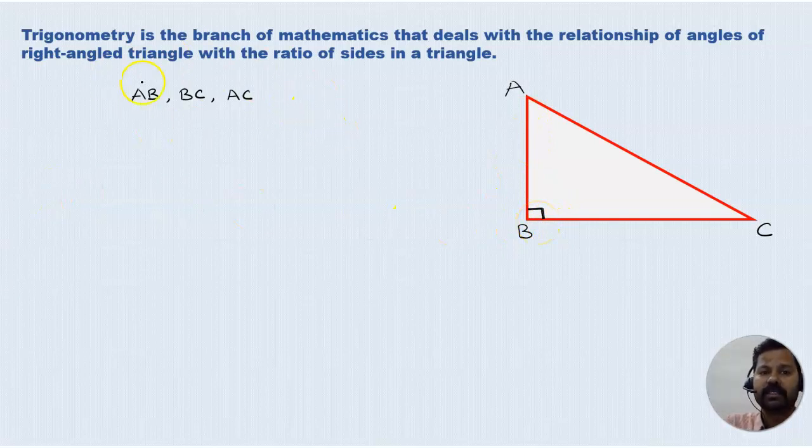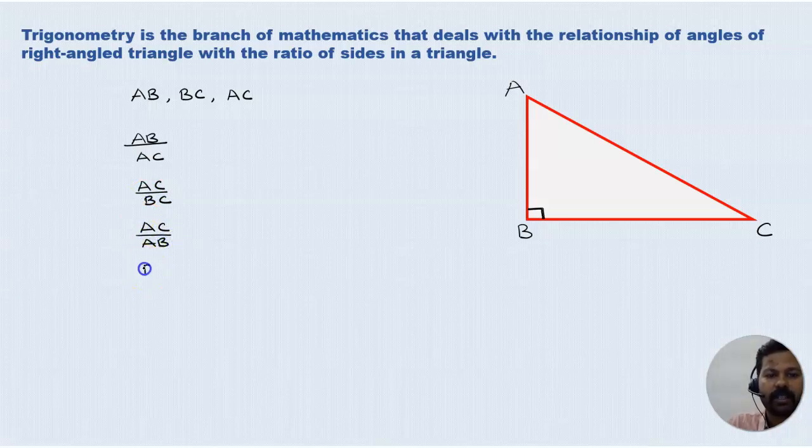So using these sides, how many ratios can we make? For making ratios, we need to take any two sides. So I can make a ratio as what? I can write it as AB upon AC. I can write the ratio of AC upon BC. We can write AC upon AB.